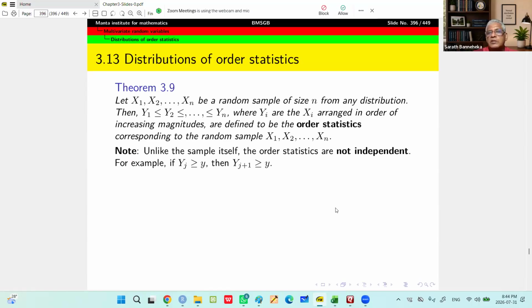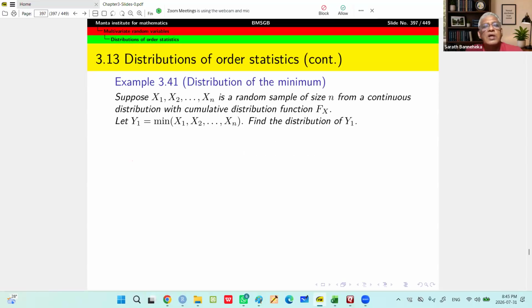We want to be able to get the distribution, the CDF or PDF or PMF, depending on whether the random variable is discrete or continuous, in terms of the CDF or the PDF or PMF of X1 up to Xn. Suppose we know the distribution of the X's, and then using that knowledge, we want to be able to derive the distribution of the order statistic for a given r value.